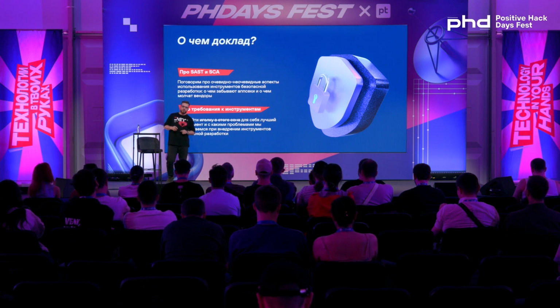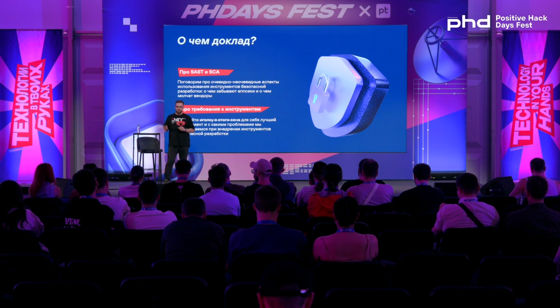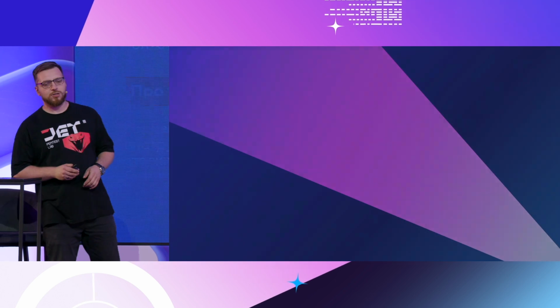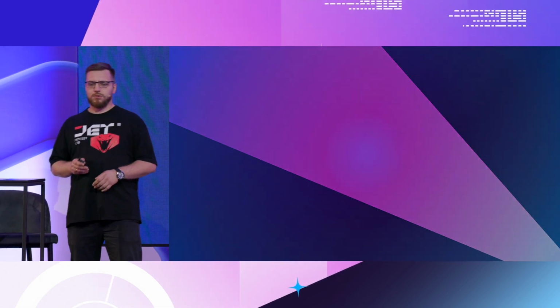What kind of triggers you may have? How can you understand that the tool works in some special way? What are the peculiarities? What can be wrong? Whether it fits your environment or not? How can you evaluate the tools? SAST and SCA.